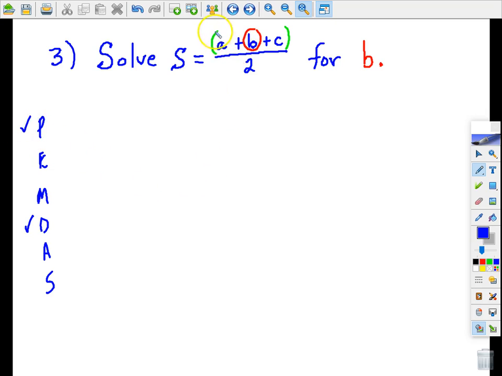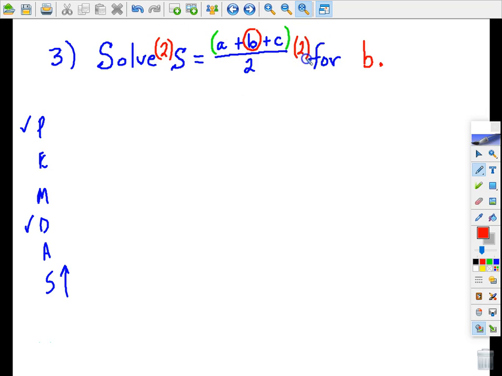Think of parentheses as trumping anything that would be involved inside the parentheses. Think of the big picture, and that's going to make this easily solve for b in really 2 steps. So you're going in reverse PEMDAS order, and so in reverse order we would undo division first, and the way we undo division by 2 is multiply by 2.